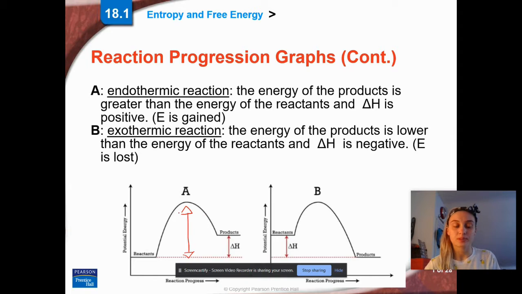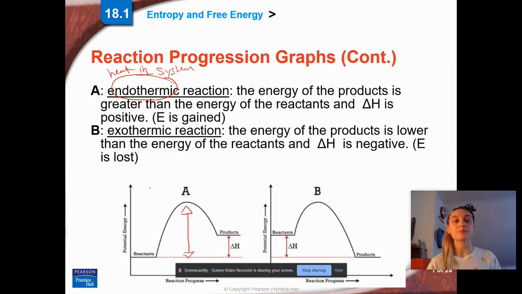But I wanted to show you guys the difference between endothermic and exothermic graphs because there is a difference. When we have an endothermic graph, remember in endothermic reactions, which way is the heat going? The heat is going into the system. So I'm going to say heat in, endothermic in, because in endothermic we're entering with the heat in the system.